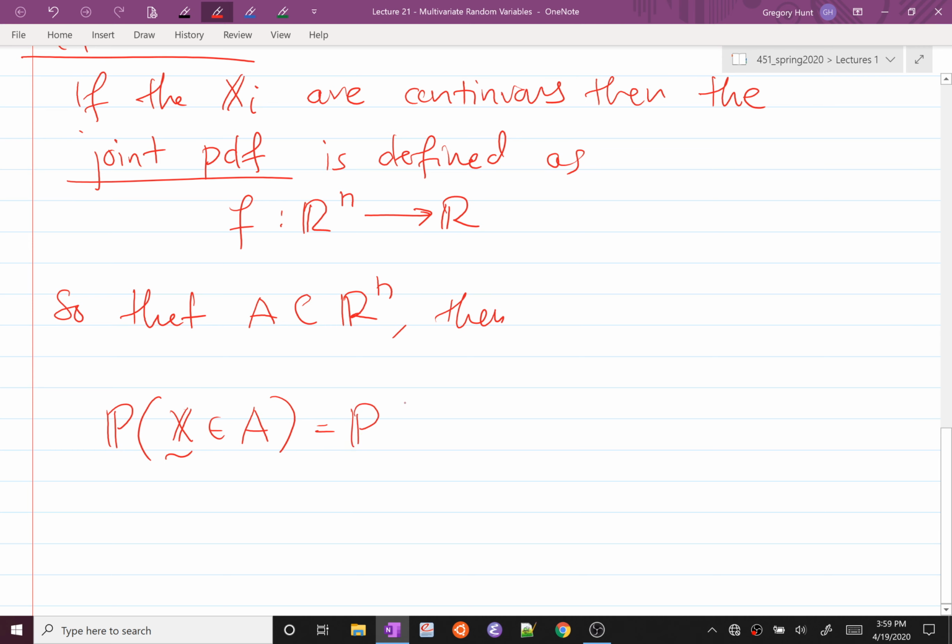This is the same thing as saying the probability that x1, x2, all the way up to x sub n is in this set A.